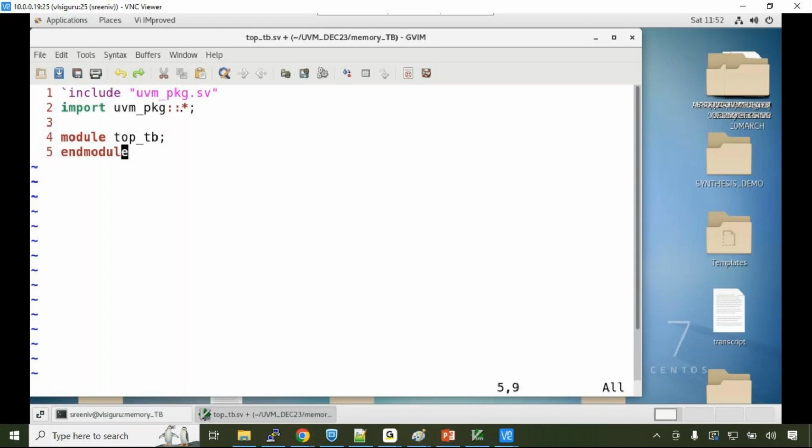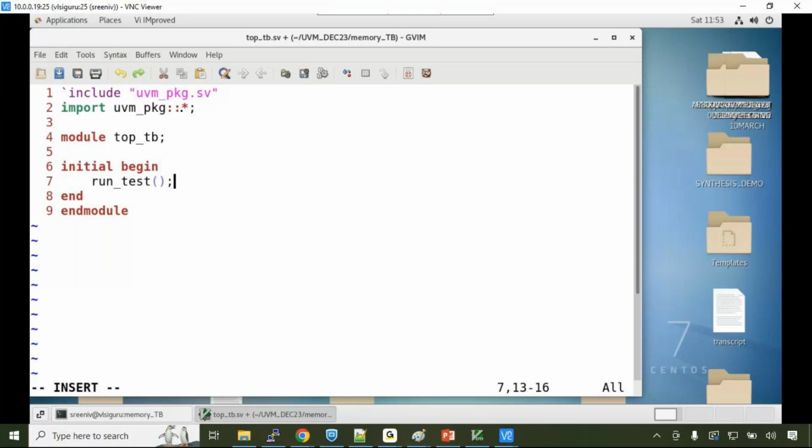Inside this, the very important part is this: the simplest UVM test bench, where you define top TB and then inside that you call run test. You haven't developed any test case, so nothing will happen.